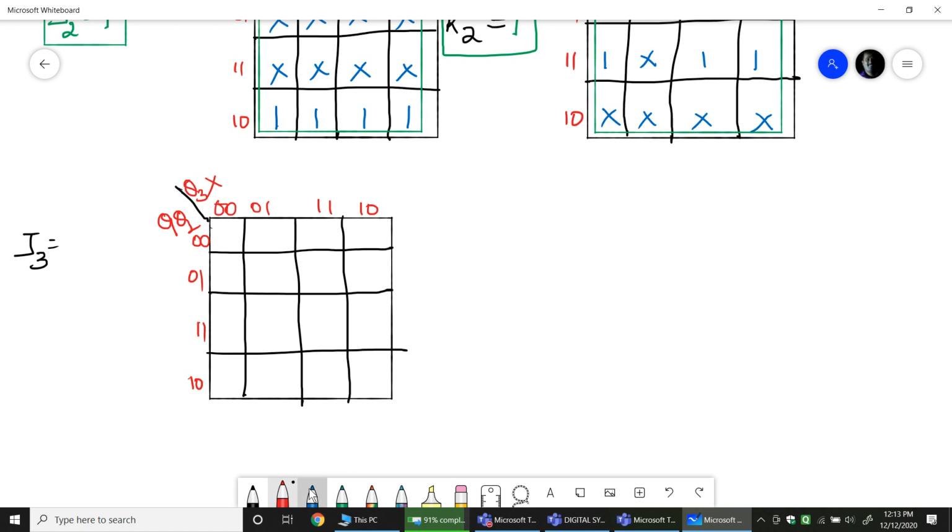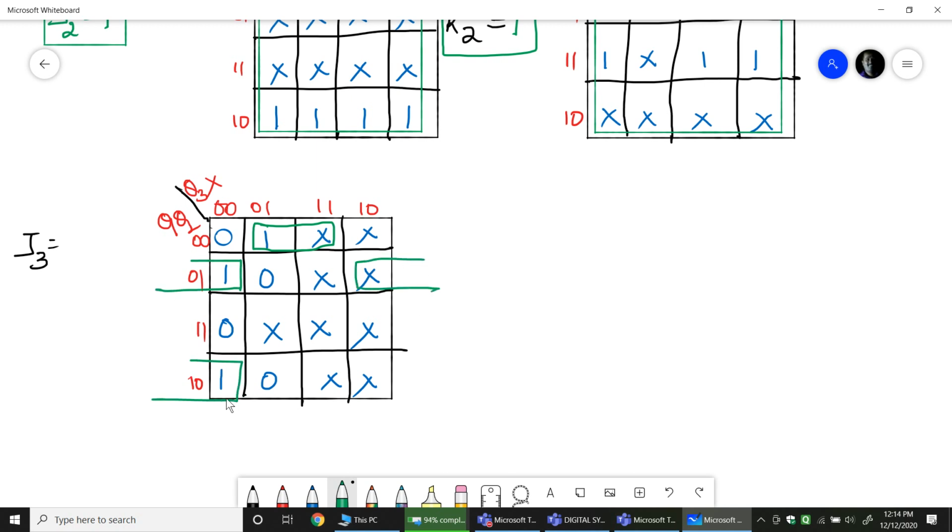So this is 0, 1, X, X, 1, 0, X, X, 0, X X X, and 1, 0, X, X. So if I try to group this particular table now, I will be able to group these two separately. Now if you see here, these two can be grouped and these two can be grouped. So J3 will be now equal to these two.